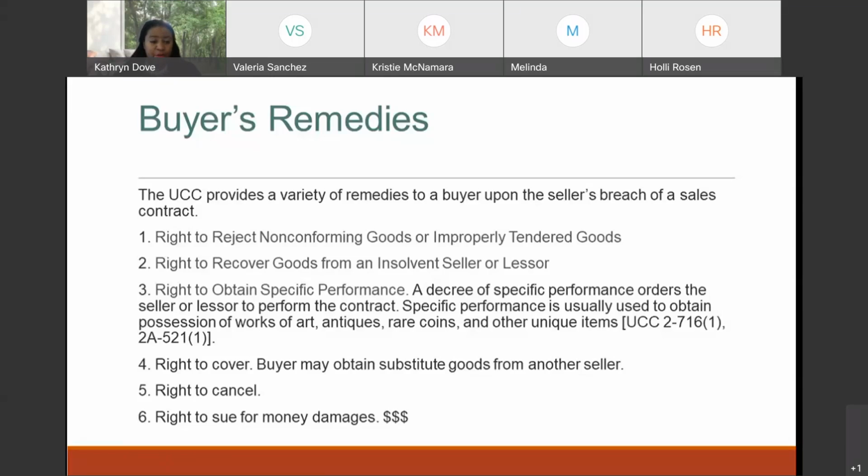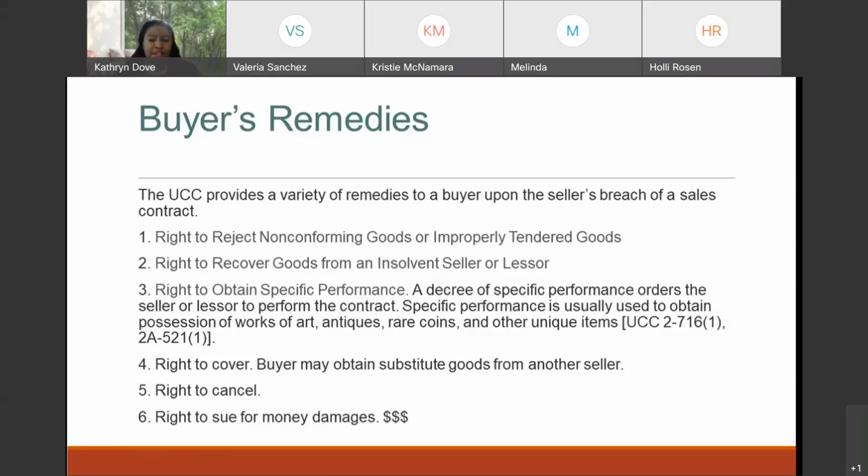The buyer also has a right to cover. So if we're talking about a construction project and the buyer needs to obtain, say, 1,000 nails to complete this project, there are a lot of people that sell nails. If the first seller is not able to deliver the goods, the buyer needs to seek cover goods from a substitute seller.